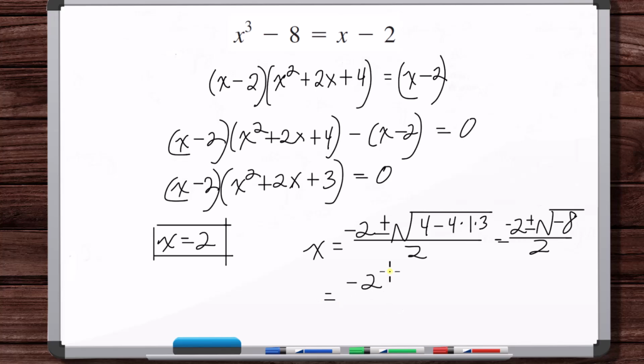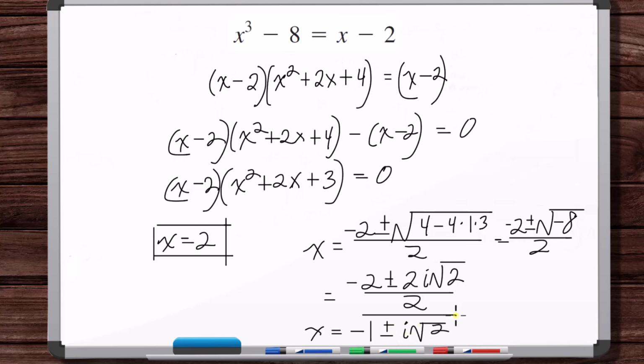So minus 2 plus or minus 2i root 2. That's square root of 8 is 2 root 2, over 2. Okay, so x is equal to minus 1 plus or minus i root 2. And there we go.